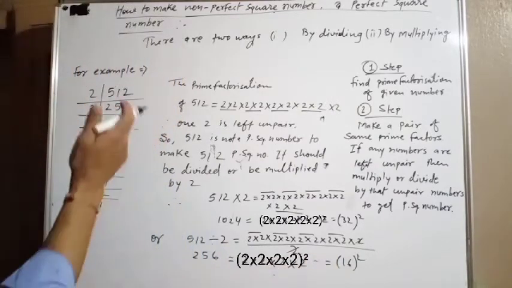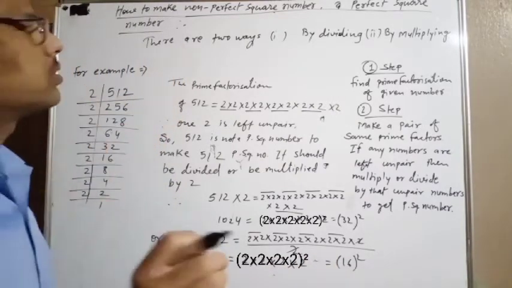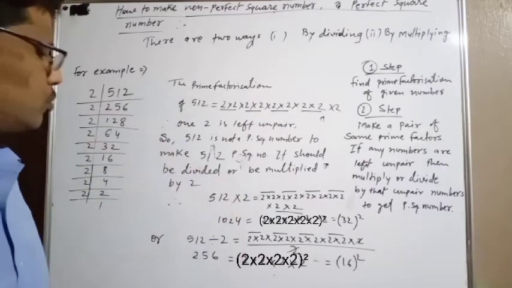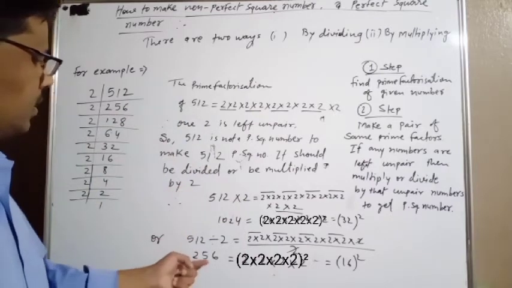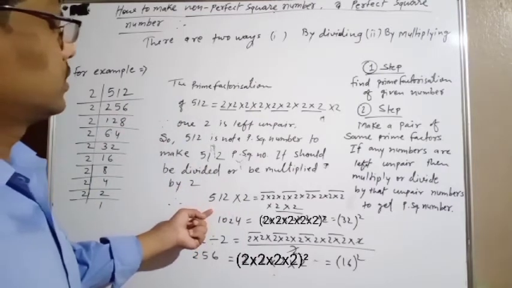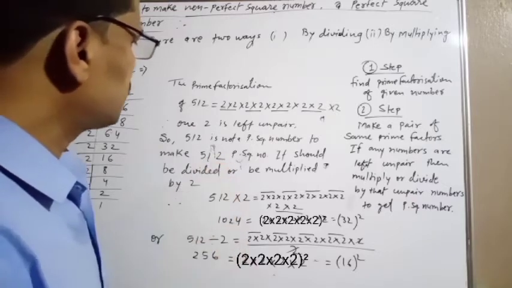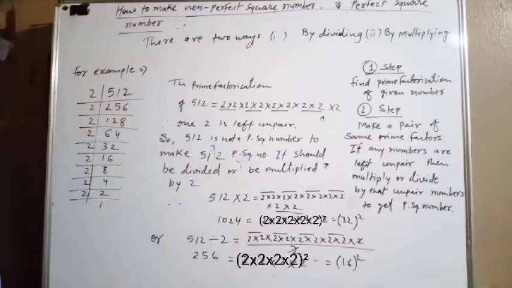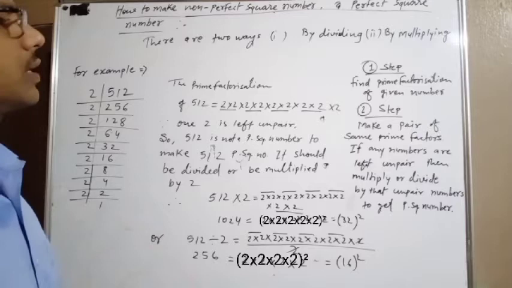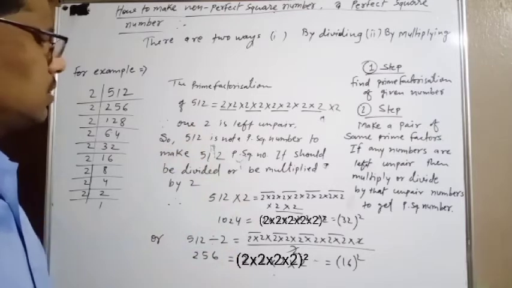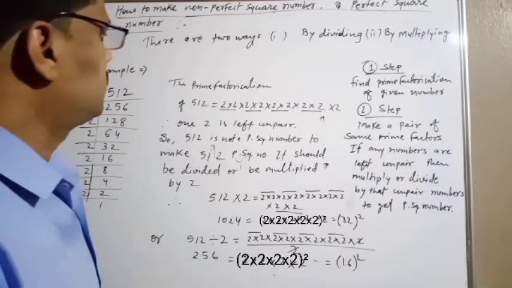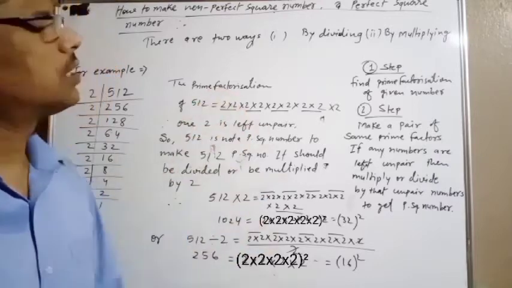Got it? This is the way to make any number a perfect square number in both ways, by dividing and by multiplying. Is that clear? It is a very simple procedure by which you can make any non-perfect square number a perfect square number. Okay, now let's see, we will solve some questions based on this concept.